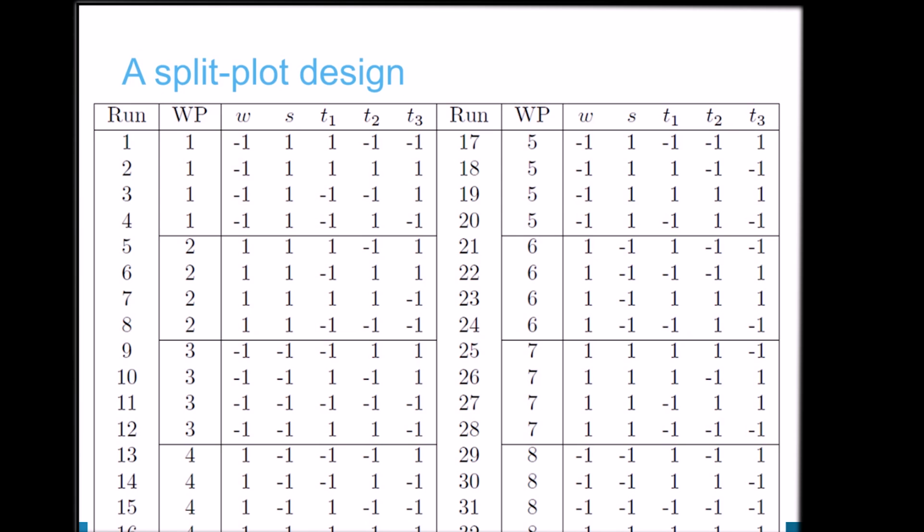Yeah. So the design that you described with the minimum number of level changes for W and S, that would still be a split plot design if you have the structural breaks between your groups of observations that I described.